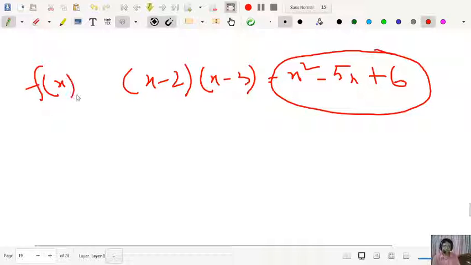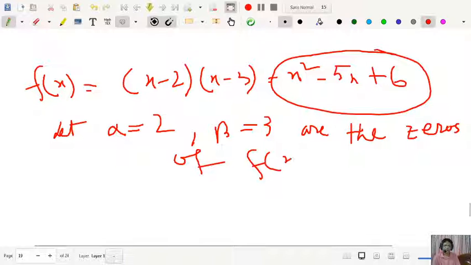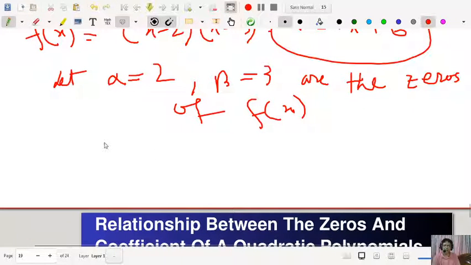Suppose you don't know the quadratic polynomial, and it is given that alpha equal to 2 and beta equal to 3 are the zeros of f(x), then what will happen?